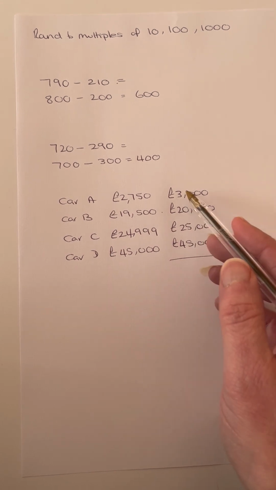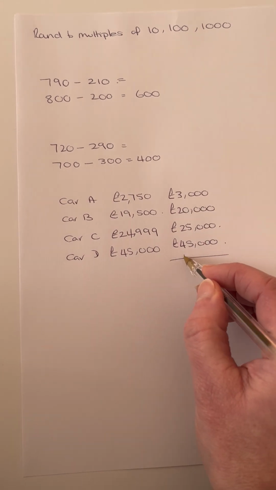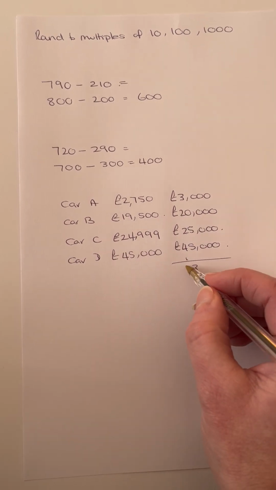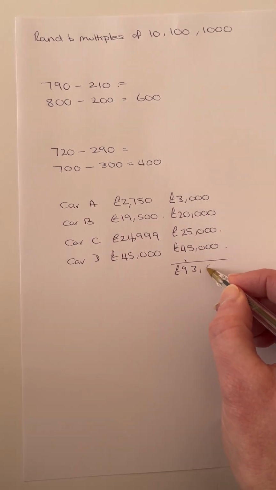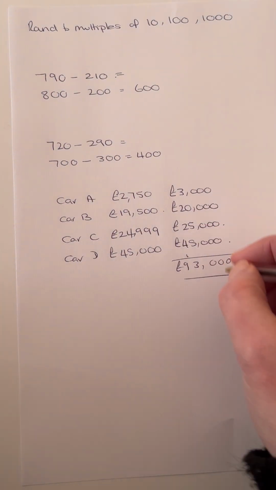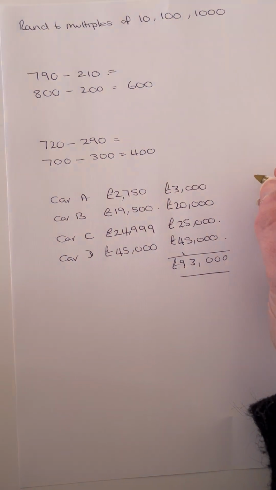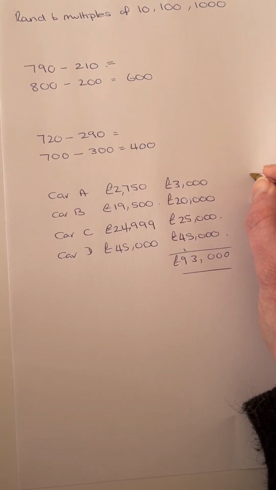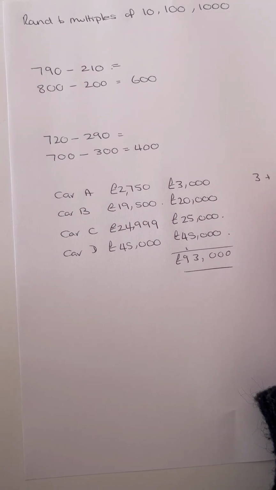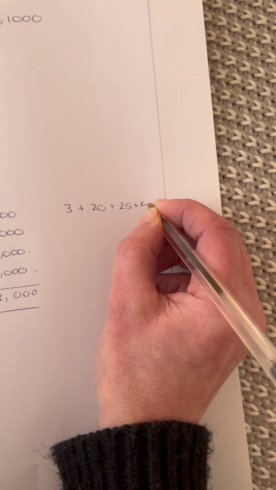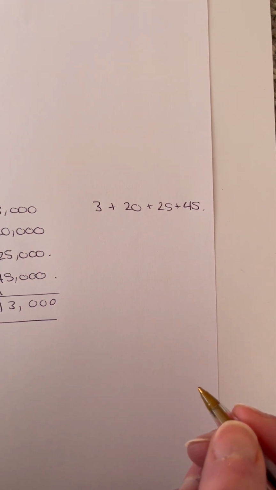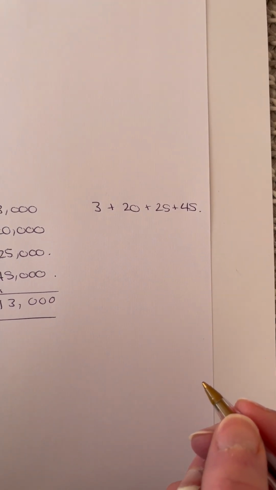5, 10, 13, 4, 5, 6, 7, 8, 9. So I could say it's going to be about £93,000. Or I could ignore that format, and just look at 3 plus 20 plus 25 plus 45, which is more of a sum that I could do in my head.